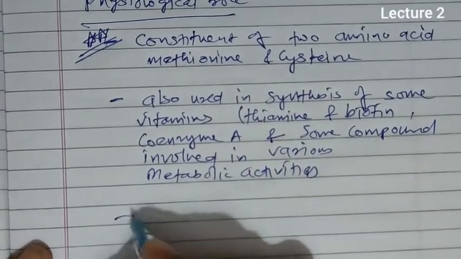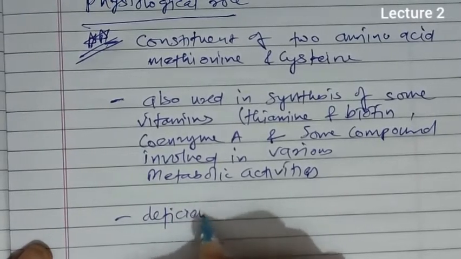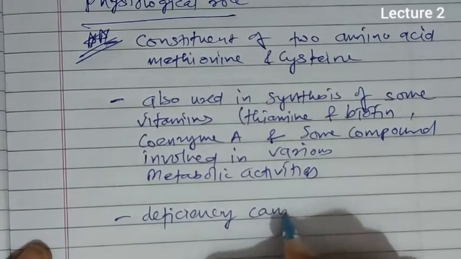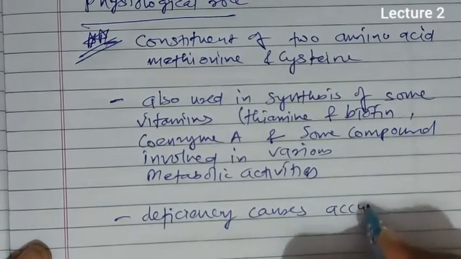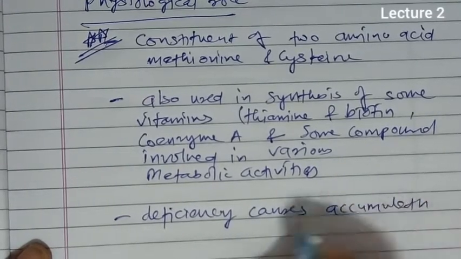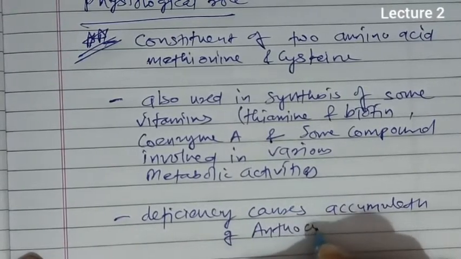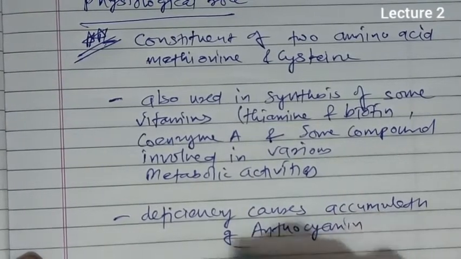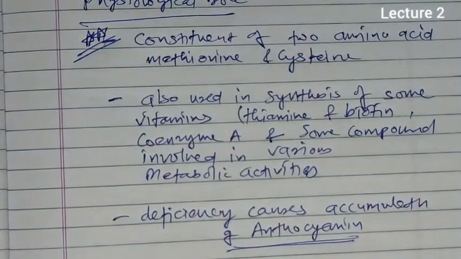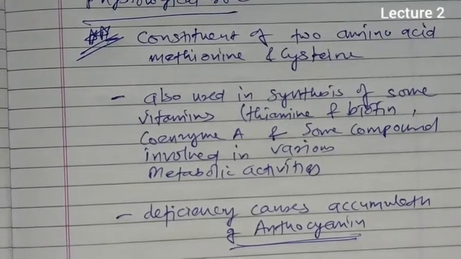Its deficiency causes accumulation of anthocyanin pigment. So anthocyanin pigment accumulates in the deficiency of sulfur.